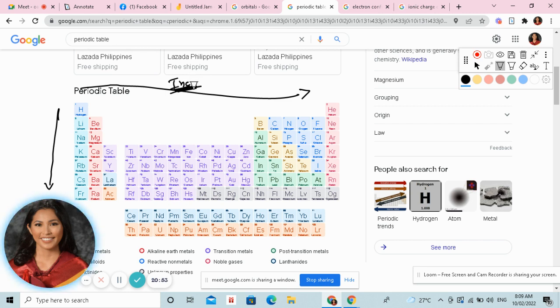Who has higher ionization energy? Kinsa man ang maglisod og remove sa electron? Diri or diari? Ang dako or ang gamay? Dako, ma'am. Ang gamay, because ang gamay has greater attraction to the nucleus.